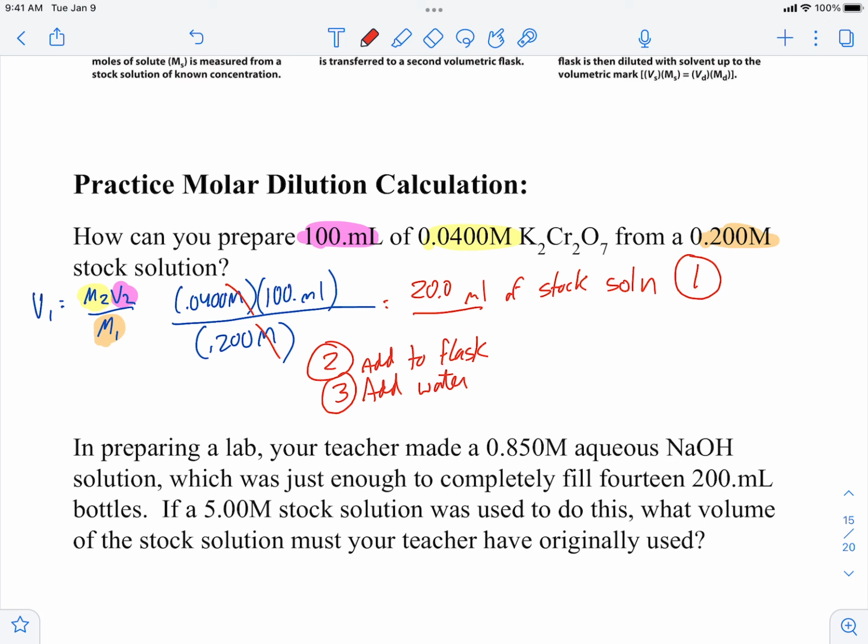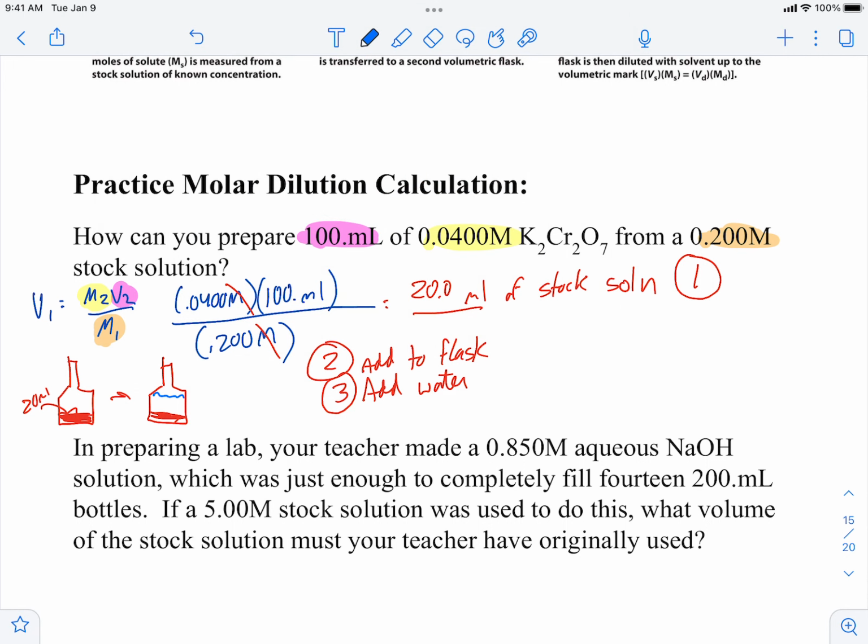Now, I should mention this. When we add water to the flask, generally I don't fill it up all the way. So here, let's draw a tiny picture. So here's my little bit. That's my 20 milliliters, right? So what I recommend is adding water, but don't add all the water you need.